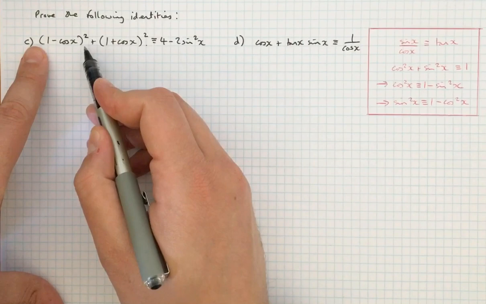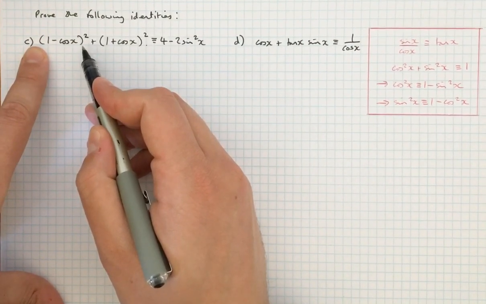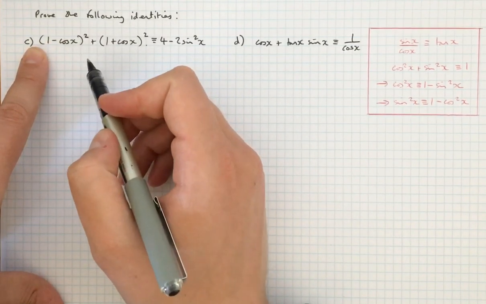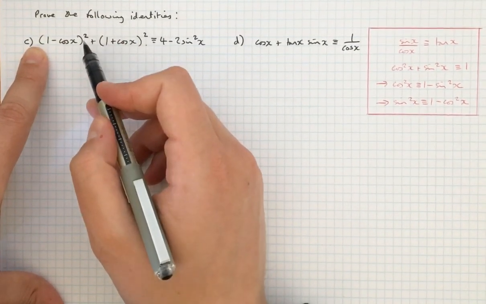So here I'm going to square out this one here. Now of course none of you will think that to multiply this out we just square the 1 and square the cos x. We need to treat it as a pair of double brackets.